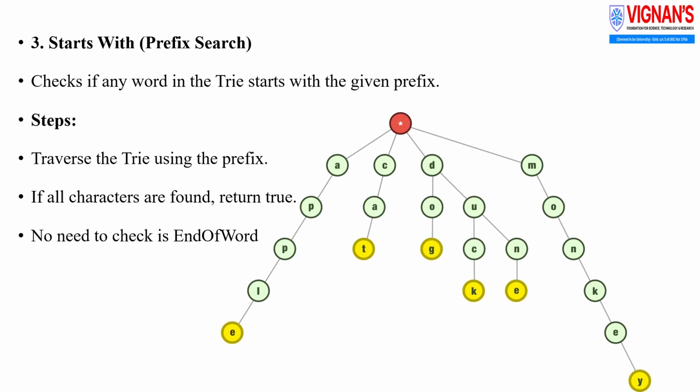If any character is missing, the result is false. If all characters of the prefix are found, the result is true. There is no need to check the end-of-word marker, because we are only verifying the existence of the prefix. Prefix search is commonly used in applications like autocomplete and suggestion systems.